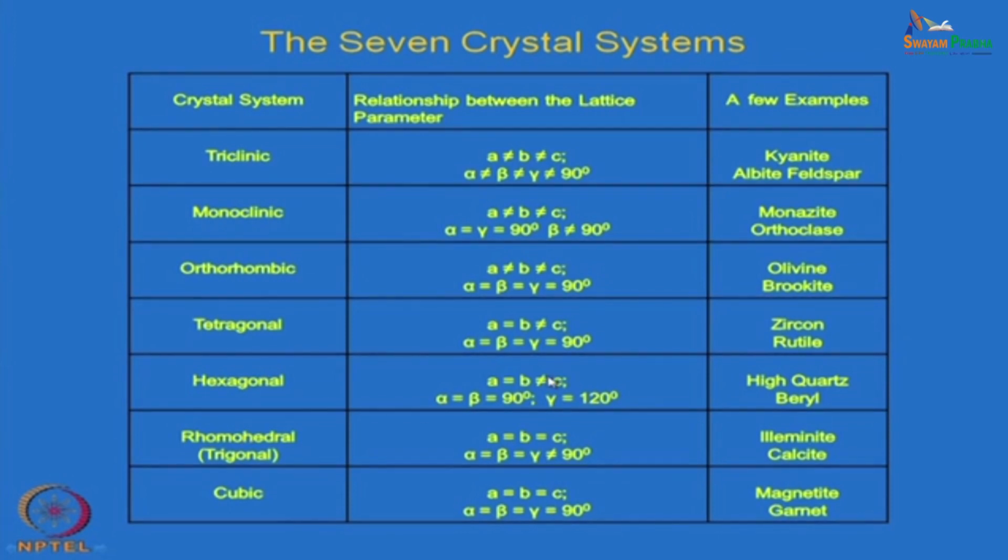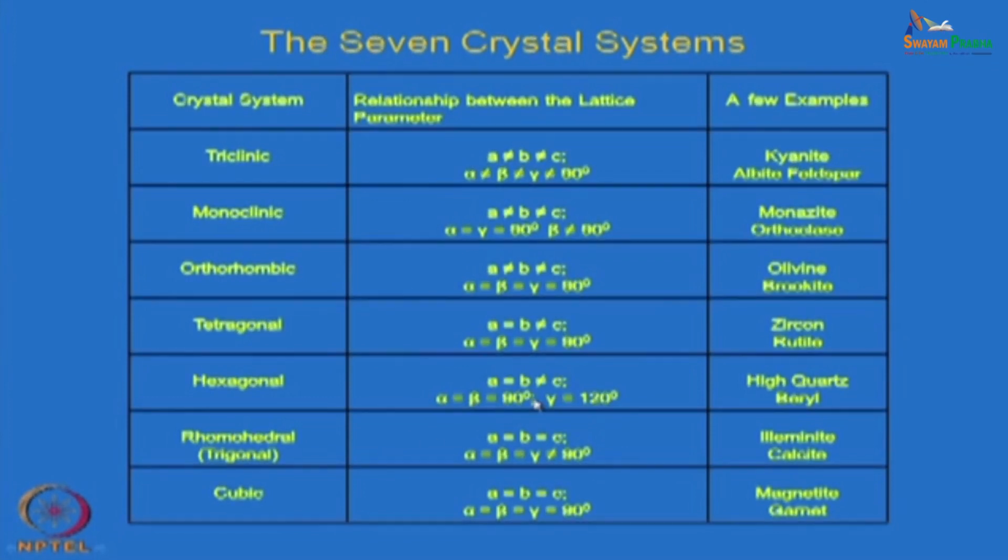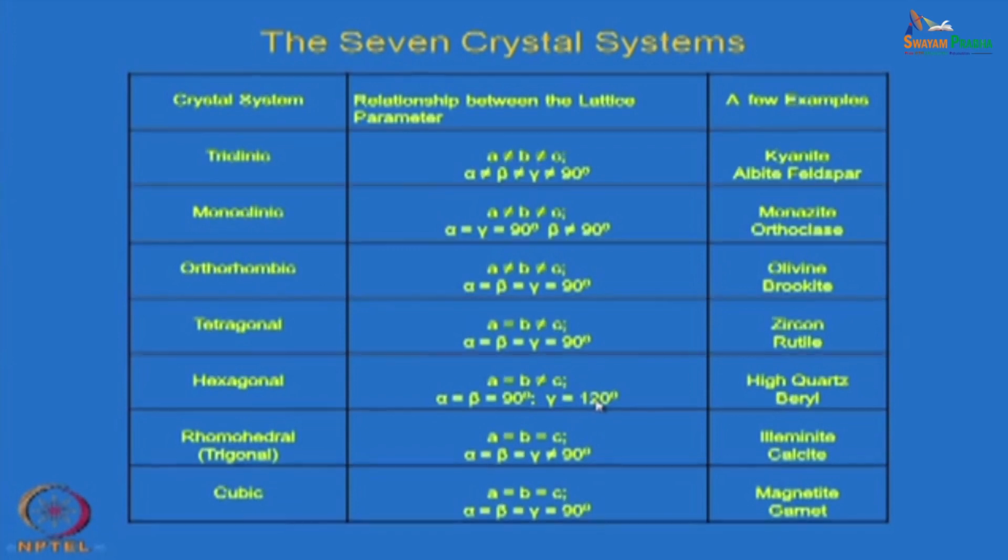Hexagonal, hexagonal has A equal to B not equal to C, similar to tetragonal, but the only difference here compared to any other, you can see alpha equal to beta equal to 90 degrees, but gamma is 120 degrees. Okay.